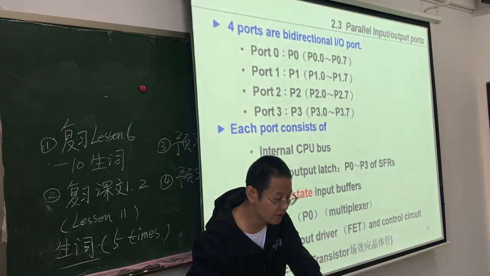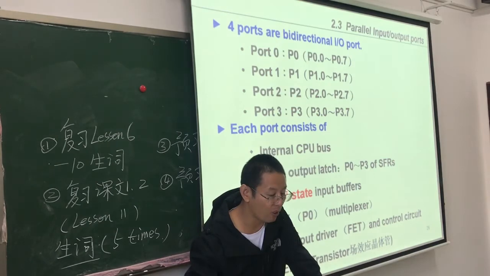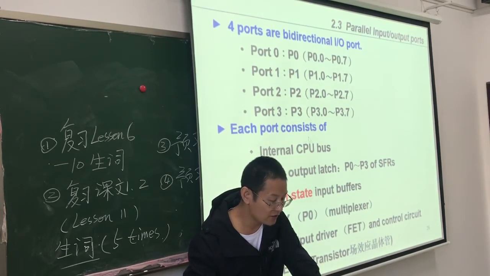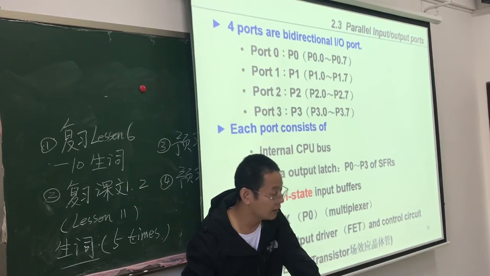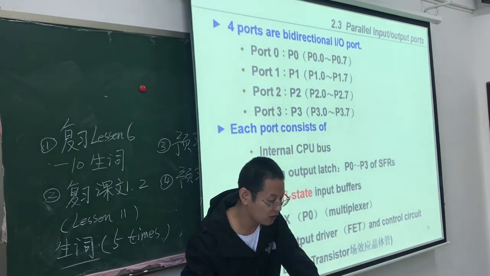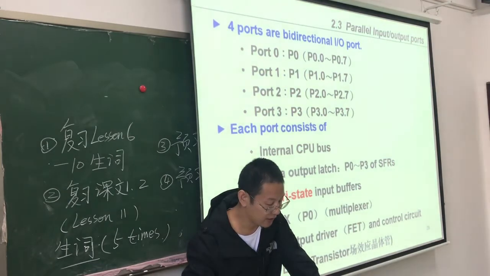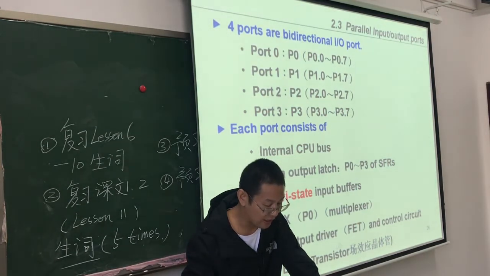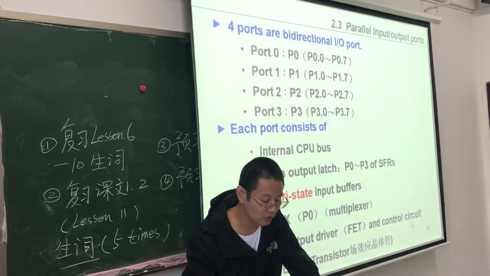There are four bidirectional I/O ports, port 0 to port 3. Each port consists of internal CPU buses, a data output latch, a data input buffer, a multiplexer, a data output driver, and a control circuit.